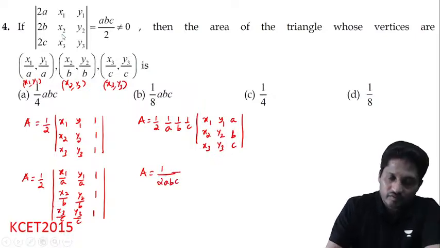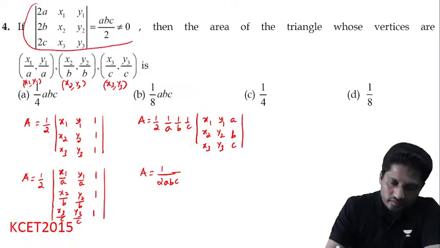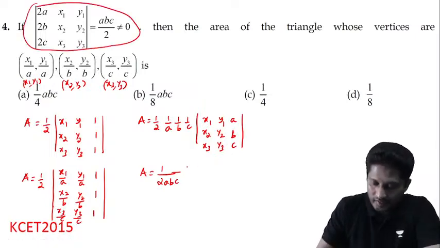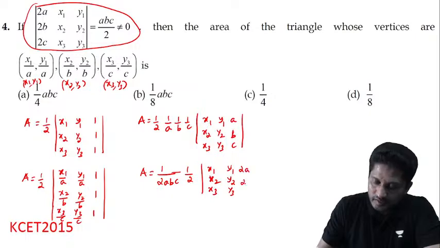Okay, and then if I use this result, I'm going to multiply and divide by 2. x1 x2 x3, y1 y2 y3, 2a 2b and 2c. Just multiplying and dividing by 2, we get 1 by 4abc.